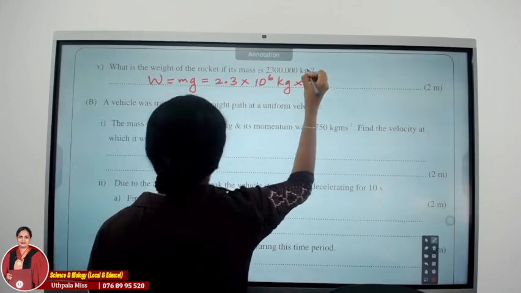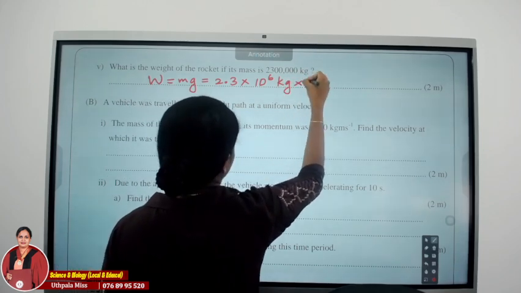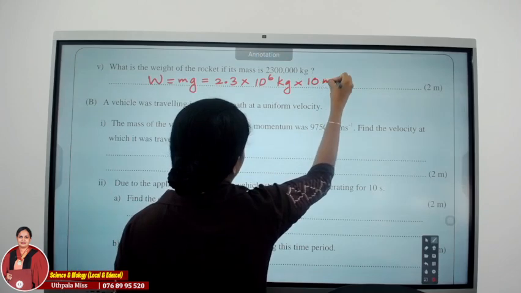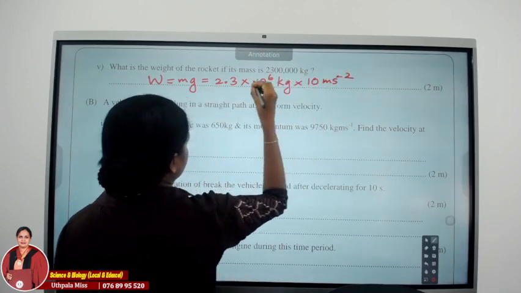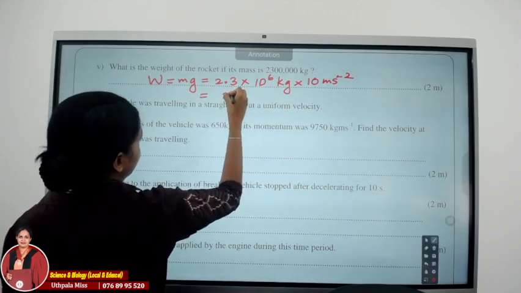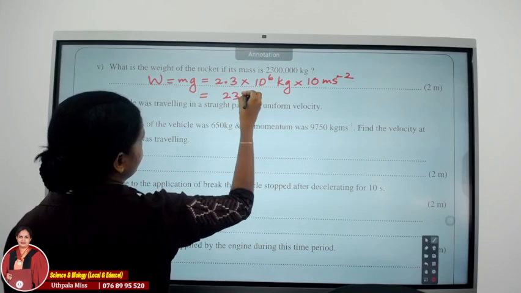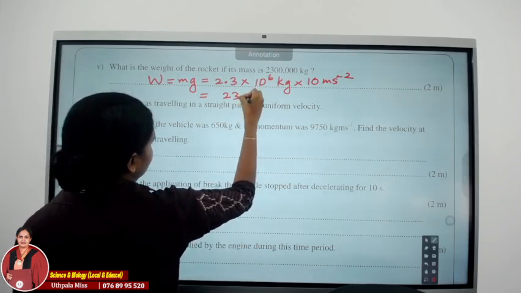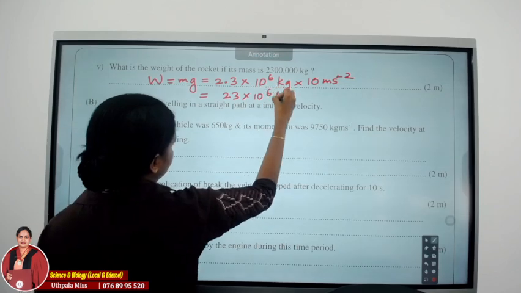You can substitute it as it is, with g as 10 ms minus 2, right? So 2.3 into 10 is 23 into 10 to the power 6 newtons.